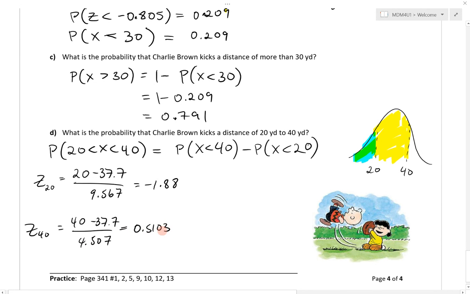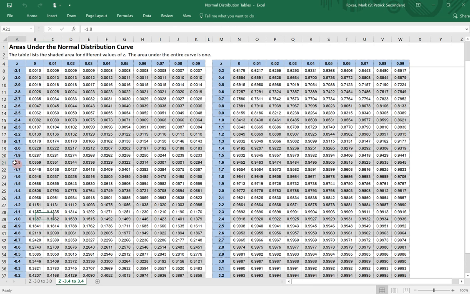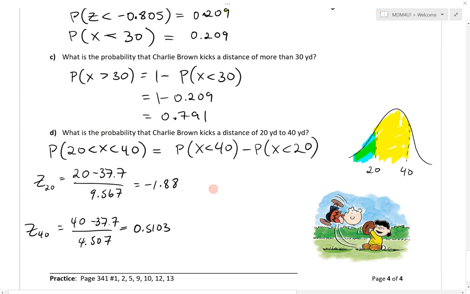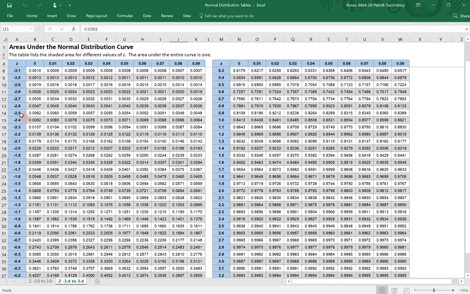So let's look up these probability values. For negative 1.85, the row is negative 1.8, the second decimal is 5, so right over here, 0.0301. And for the probability for 40, let's go to positive 0.2, and the second decimal is 4, so the probability is 0.5950.